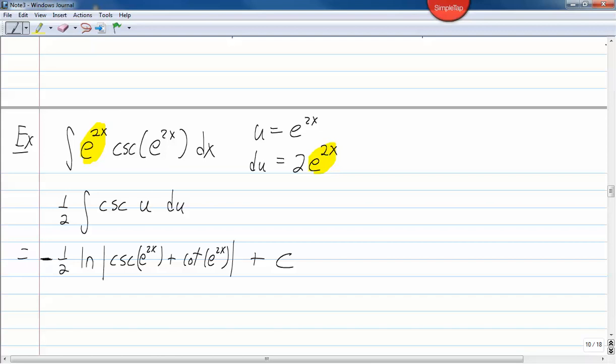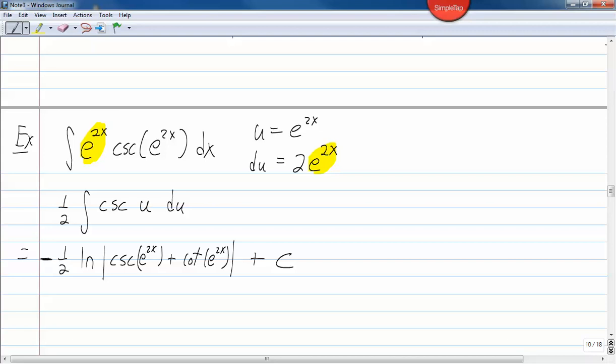Now, all of these derivatives and integrals that we've done with natural log and with e to the x, the base of the natural log is base e, the base of e to the x is base e. Well, what if we have a different base? What if we have log base 2?